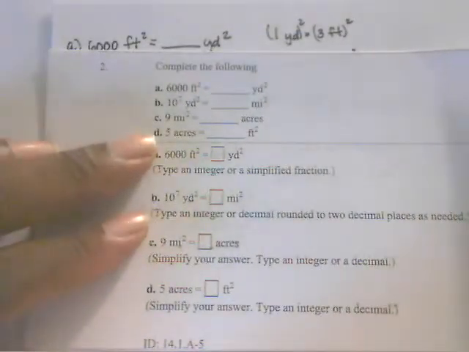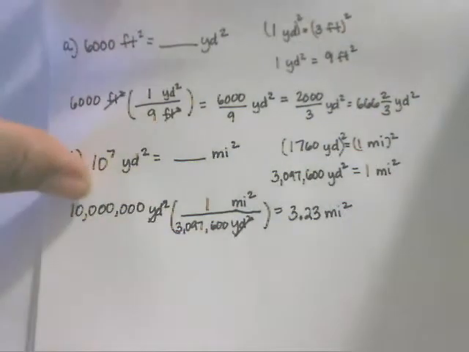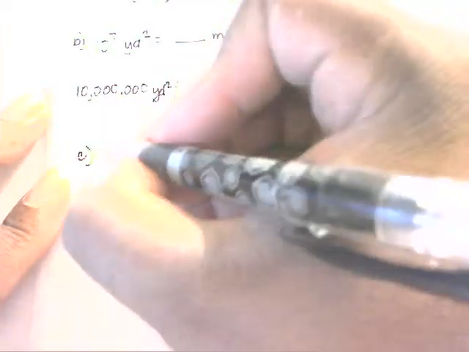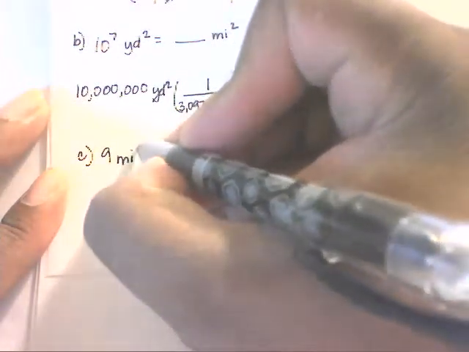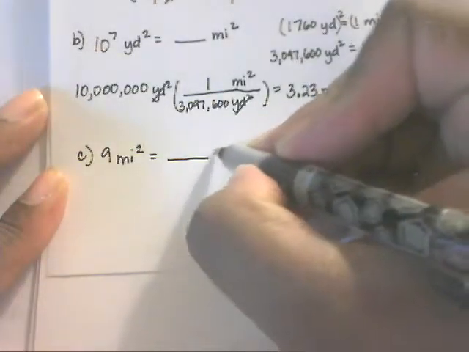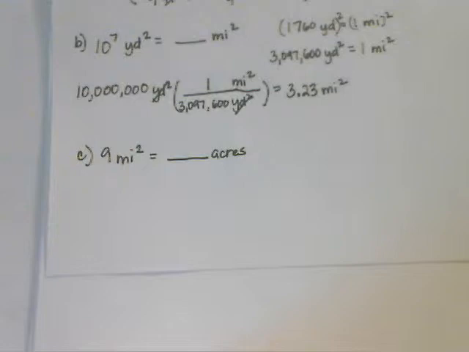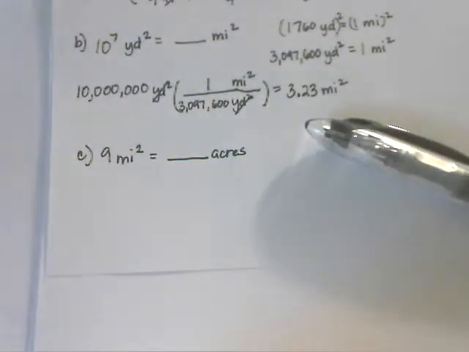All right, part C, you have 9 square miles is equal to how many acres? Okay, so here we want to convert that into acres.